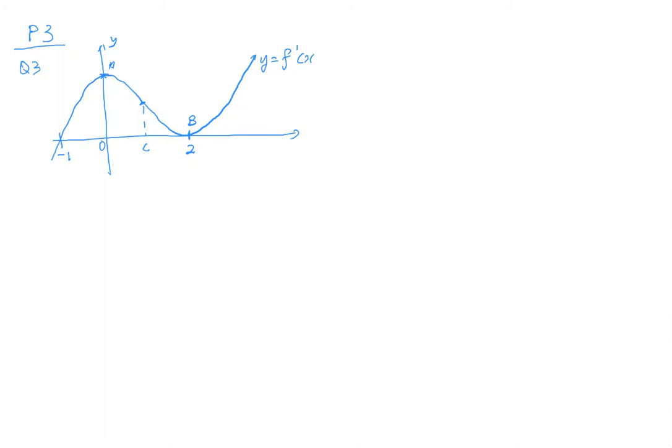Okay. So we draw the sign diagram of f prime x. These are the x-intercepts, -1 and 2. Below, above, above. You see how I do it? Then f double prime x.